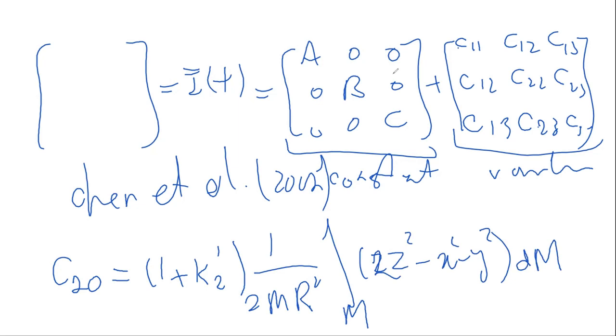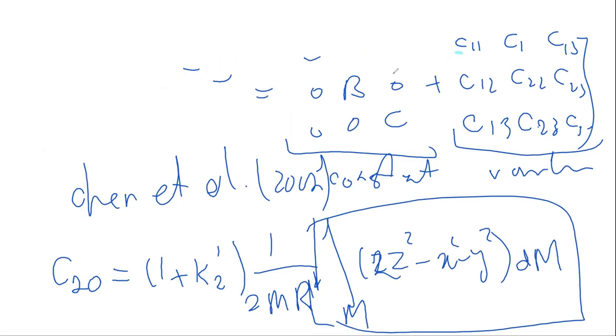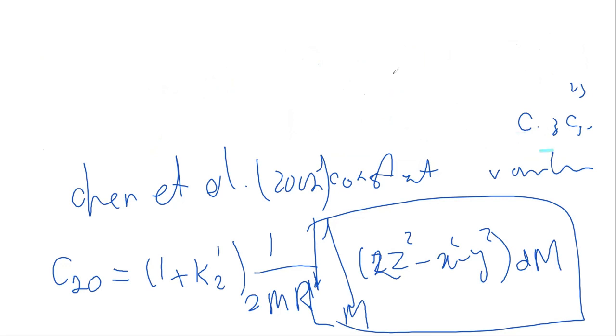Now, that's interesting. We see something here which is very similar to the integral formula for the tensor of inertia. Then let us write this the following way. I write this integral in this form.